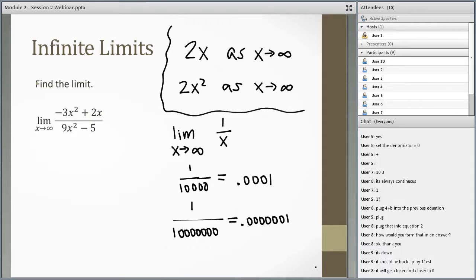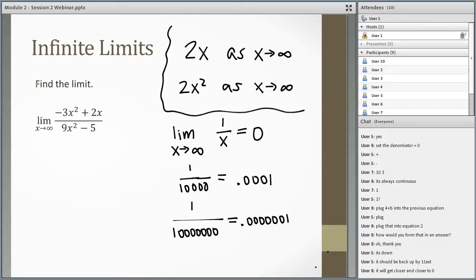This is what I would get. So as I choose larger and larger x values, so as x goes to infinity, 1 divided by larger and larger values is getting smaller and smaller and smaller. So it's getting closer and closer to 0. So the limit as x approaches infinity of 1 over x is 0.